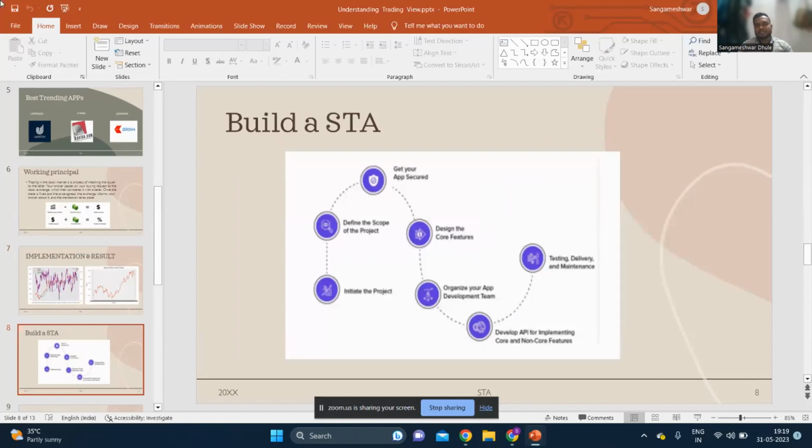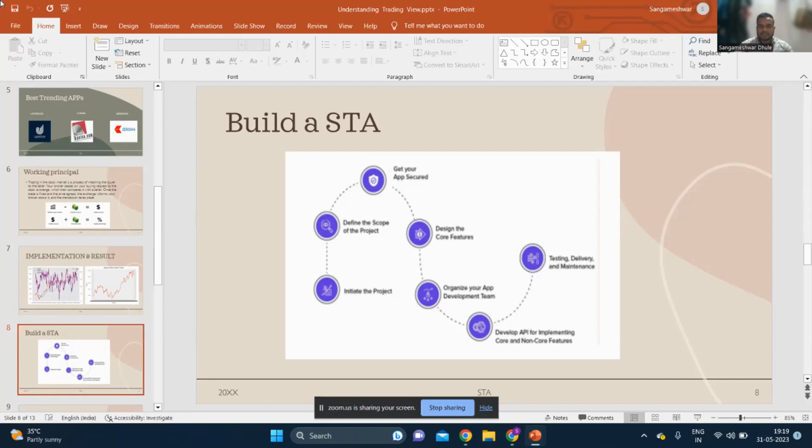Then we have to design the core features, like adding an amount and buying the stock; we have to give the option for it as well. Then we have to assign our app to the development team, and we have to develop different kinds of APIs for implementing core and non-core features. Finally, we are going to test it, and then we deliver it to the customers.